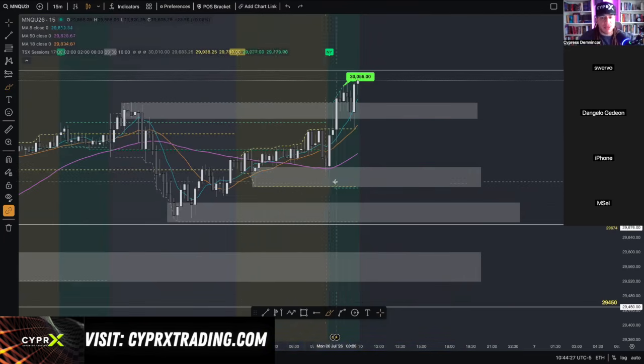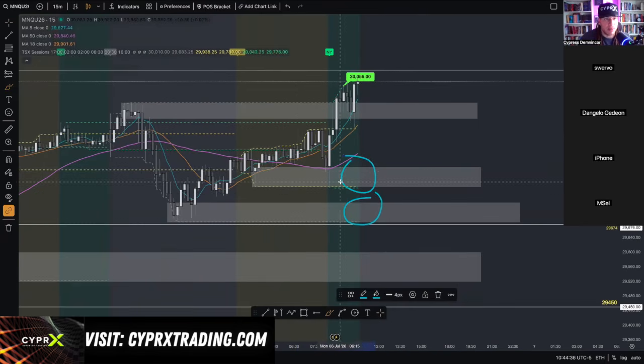And these became my two AOIs today on the 15-minute to say, okay, as long as price is trading above these two AOIs on the 15-minute, I'm going to be a buyer, because the path of least resistance from the hourly down now to the 15-minute is telling me that as long as buyers are in control, we're likely to come up into the next dark pool at the 39.9, right?